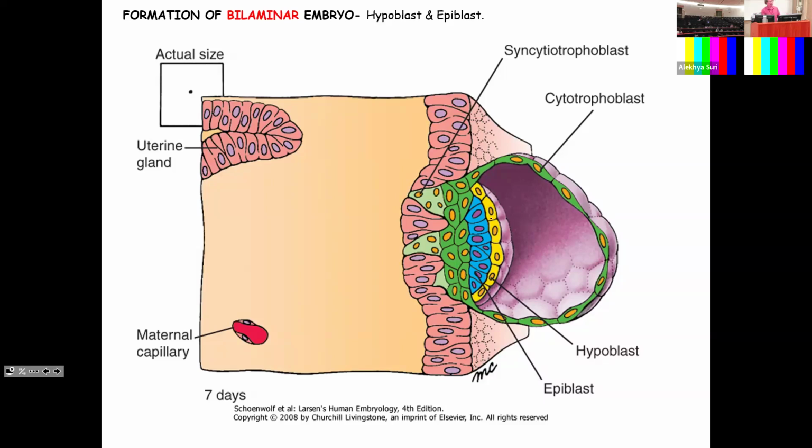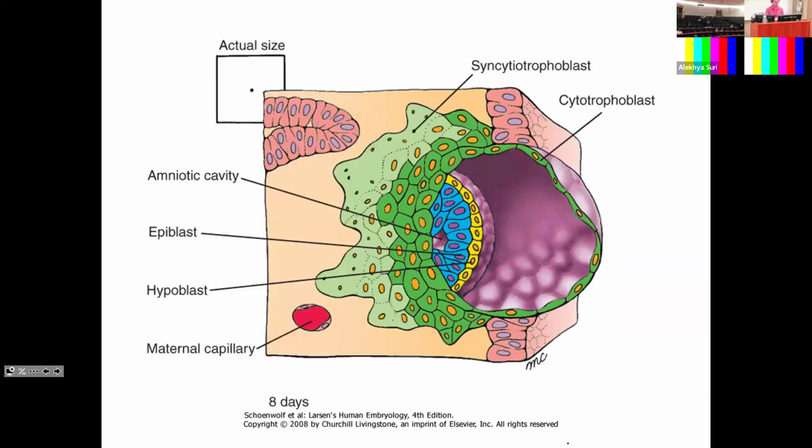So what we have here is ectoderm and endoderm. Mesoderm we don't have yet, and we will see when the mesoderm kicks in, okay? So far during implantation, 2 layers, ectoderm and endoderm. In fact, this endoderm is not definitive, but it doesn't matter. It's endodermal because of the markers that they produce.